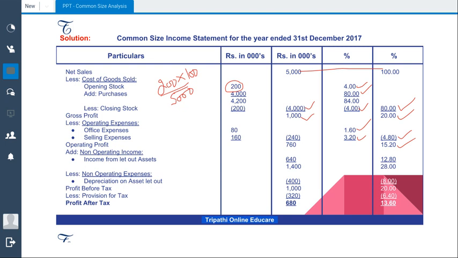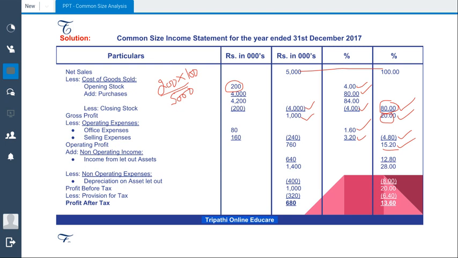Okay, now here you can see as your cost of goods sold is 80%, your gross profit is coming to 20%. And because of this operating expense, again, your profit is reducing. So you can see your profit is reducing to 15.20%, your operating profit.